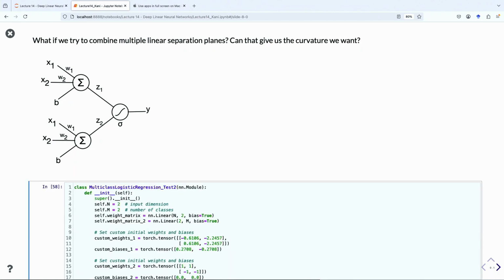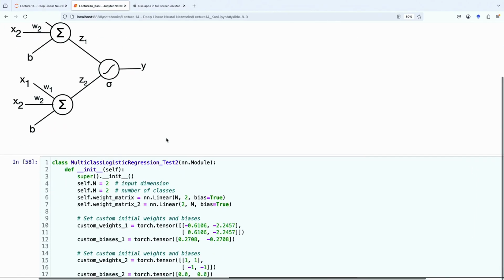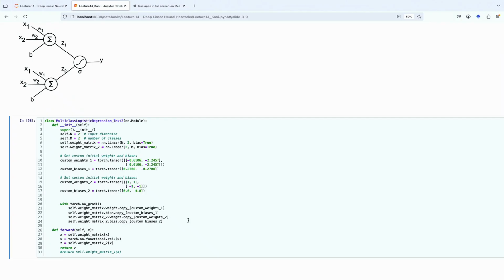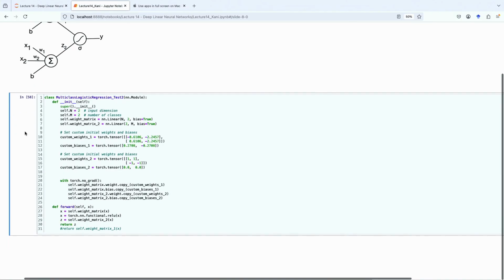Well, in code, all we really need to do is simply have both the barrier functions.